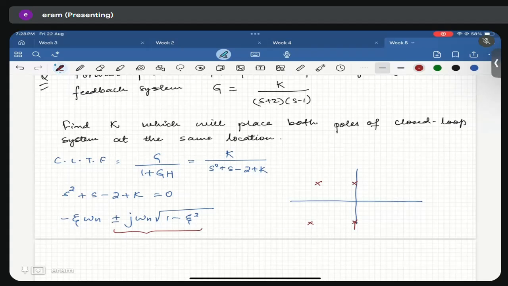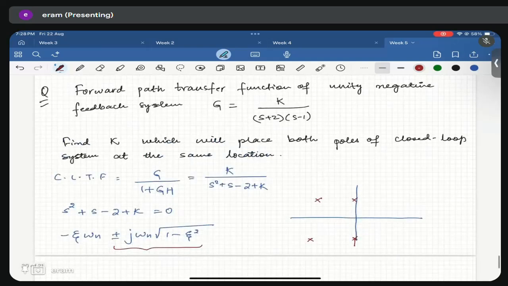Once again, to have poles at the same location: if the poles are complex, then they will always lie at symmetric locations.